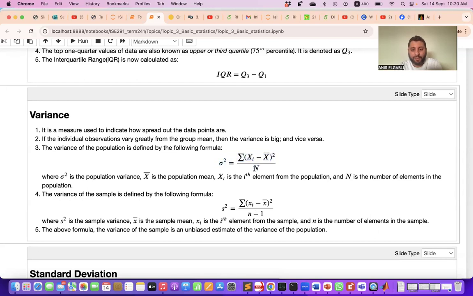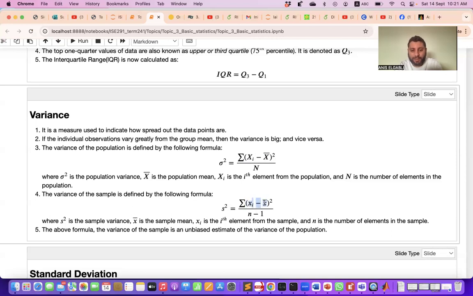If we don't have the whole population and we are exposed to only a limited number of samples, or we are sampling from the population, then we compute what we call the sample variance. If we have a sample that contains n elements, we compute the mean of these n elements, and then we compute the sum of square differences from that mean for the different records in that sample.